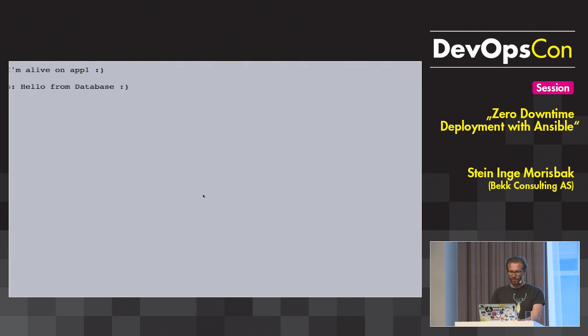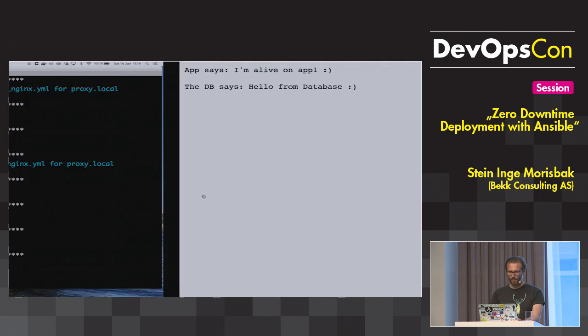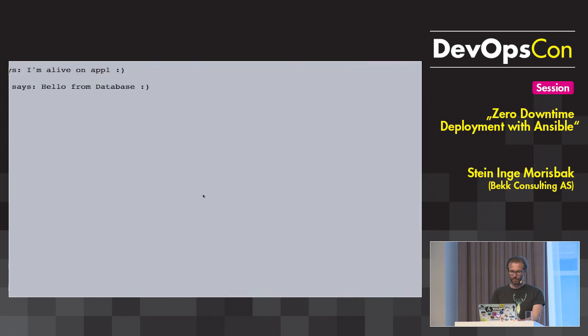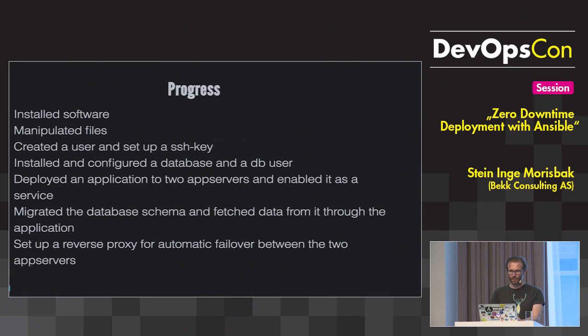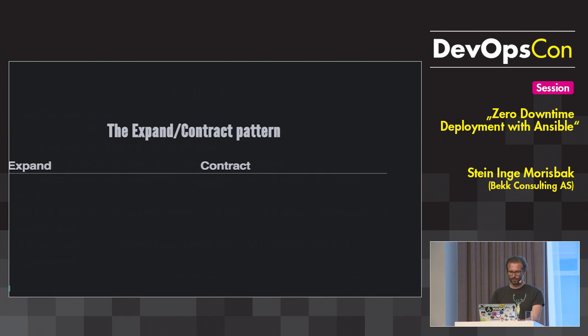I can try to go to my proxy server. See that this is my proxy server. And if I refresh it, it switches between the two app servers. Cool. I like it when stuff changes. So what we've done now is we set up a reverse proxy for failover between the two.